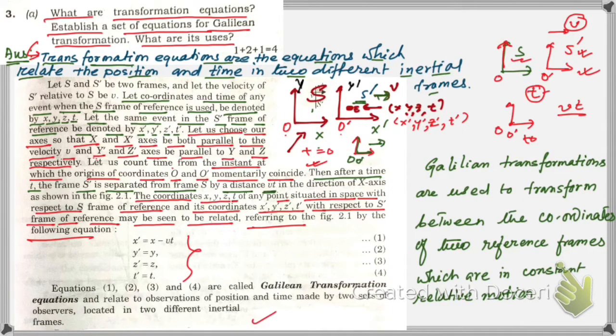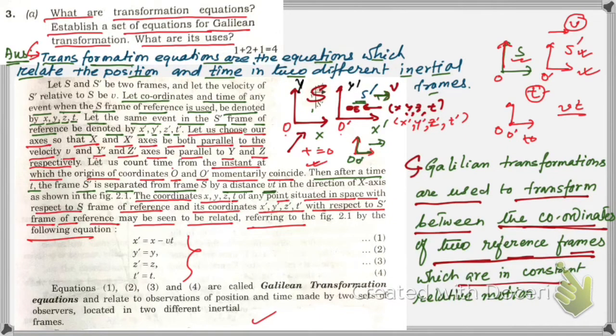So Galilean transformations are used to transform between the coordinates of two reference frames which are in constant relative motion. So this is the answer to question number 3.